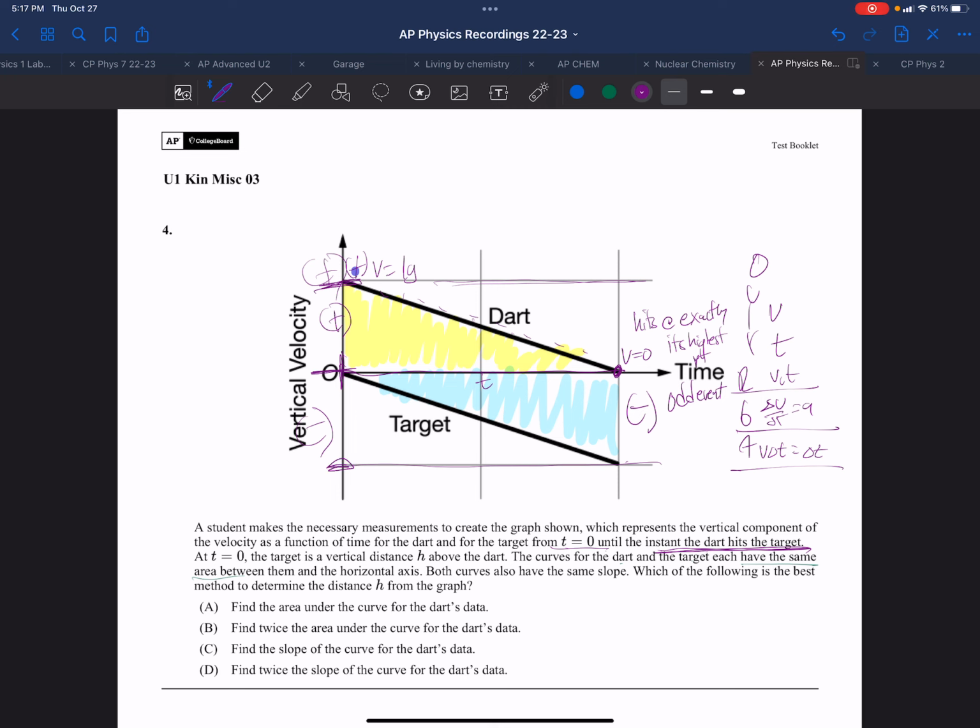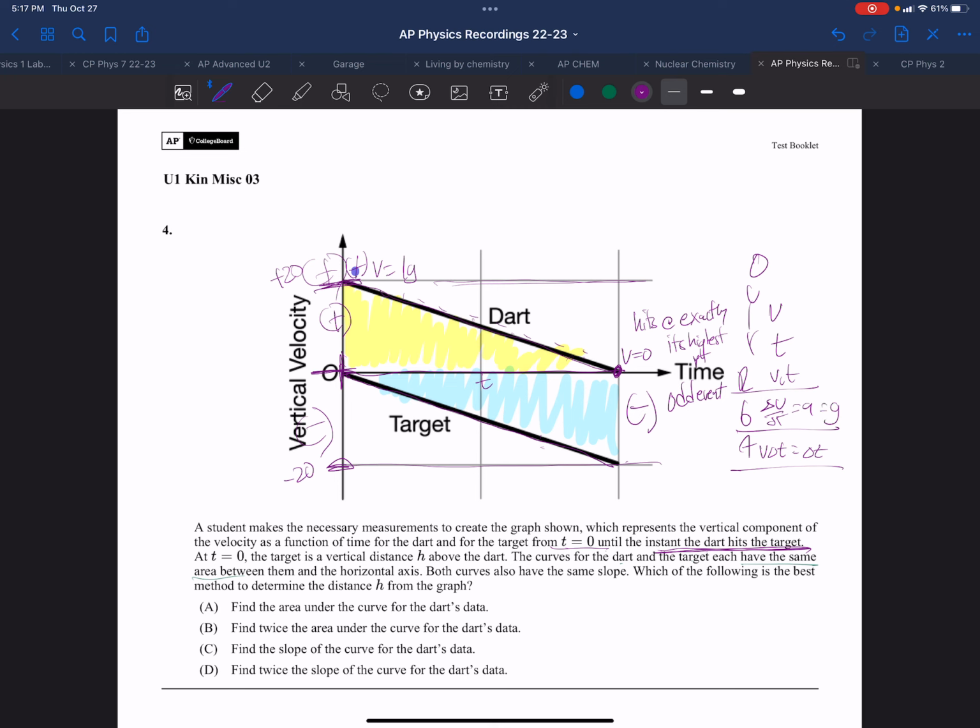It looks like they're the same values. So if this were plus 20, this would be minus 20. Target started off with a velocity of 0 and increased in magnitude. This one started off with a particular velocity and decreased in magnitude to 0. And of course, the slopes are equal because the acceleration is gravity, g equals minus 10.